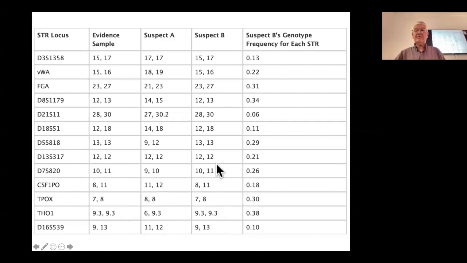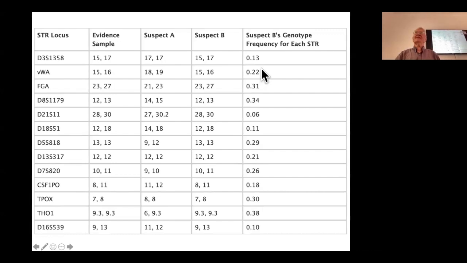And just in terms of how likely or unlikely this is to be right, what this number here says is that 13 out of 100 people will have this kind of repeat at this gene.